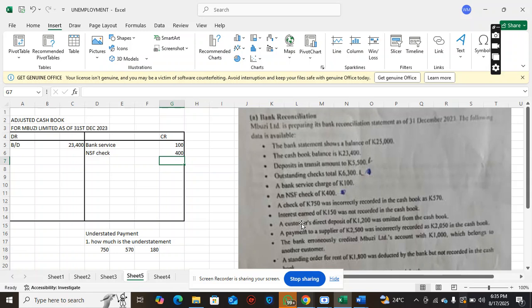You're reducing the payment further if you put it on the debit side. Remember, the payment was originally recorded on the credit side. Now, a smaller figure was recorded on the credit side. 570 was recorded on the credit side. So now we see that this 570 was understated by 180.